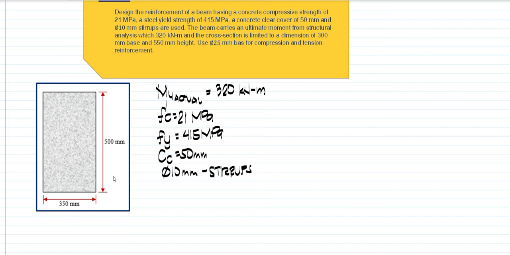So, kapag kukuha tayo ng d, equal na lagi yan sa dt. So, that is equal to 550 minus 50 minus 10 minus 25 over 2.